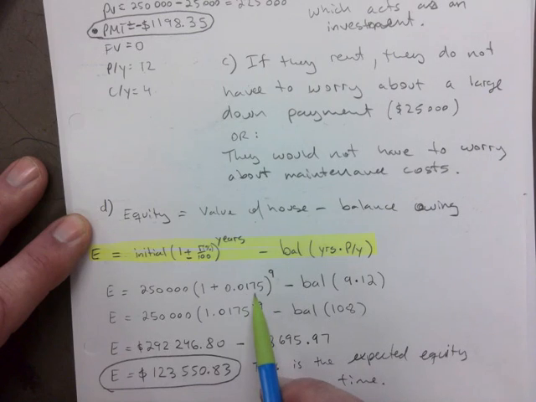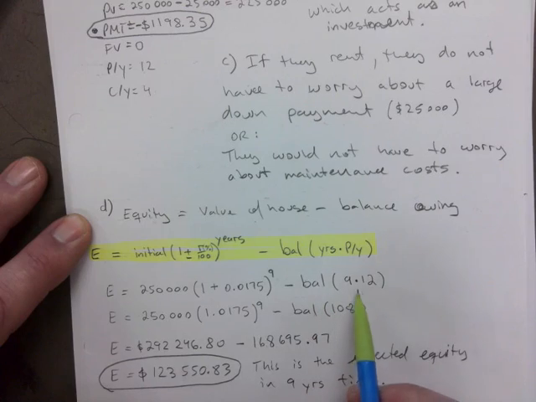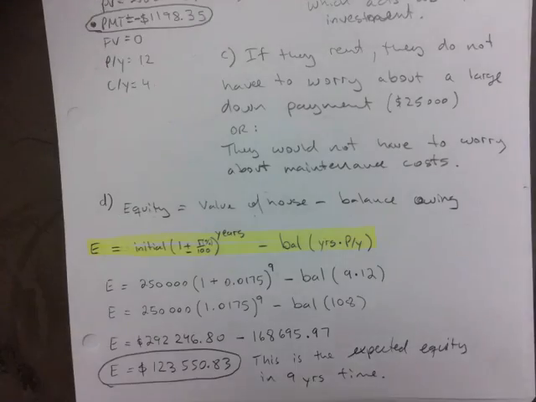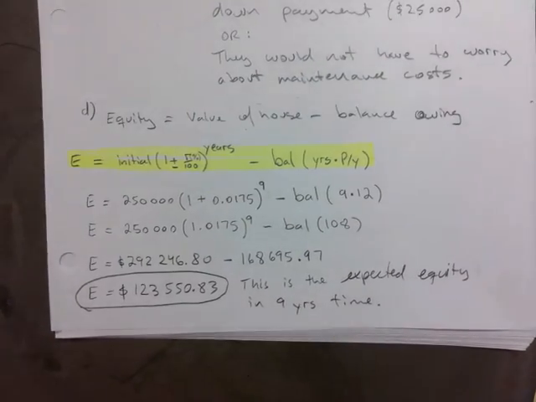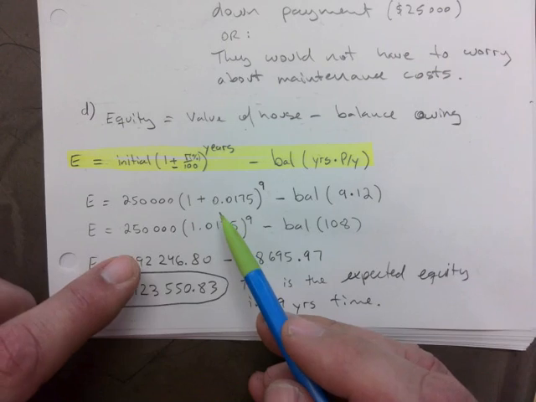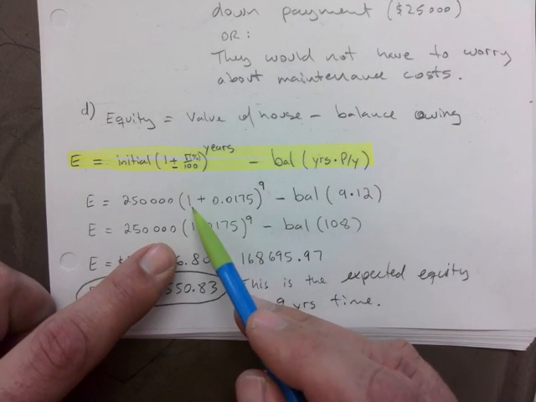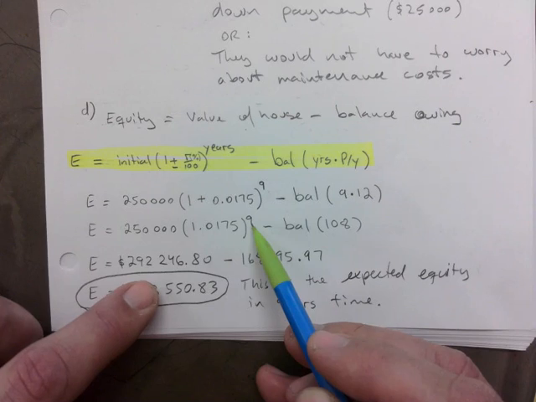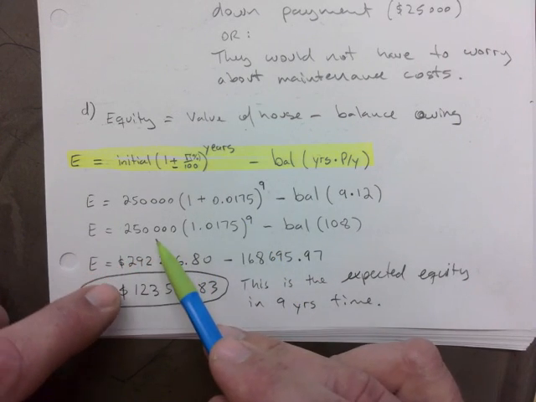So this is our interest rate, or the appreciation rate, divided by 100. We add 1 to it, we get this. And over on this side, it's 9 times 12. So that's the balance after 108 months have gone by. You've got to be careful here. You've got to add 1, raise it to the power of 9. That answer gets multiplied by 250.